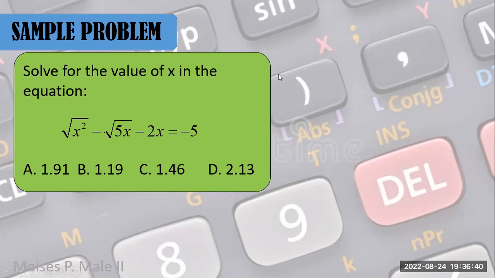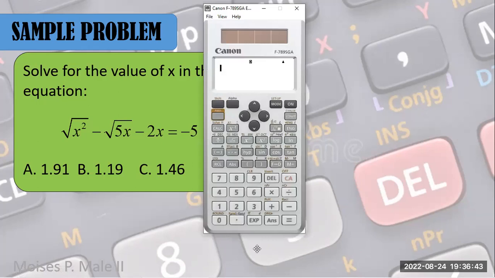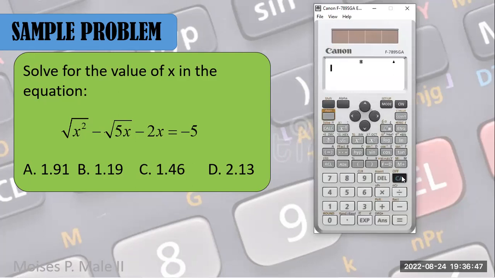So, better pa din ng shift solve. Okay. So, dito tayo kay CANON. So, input nyo lang, no? Square root of alpha x squared tapos minus square root of 5x tapos minus 2x plus 5.